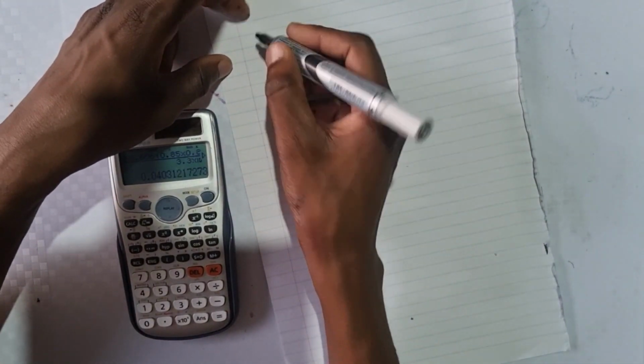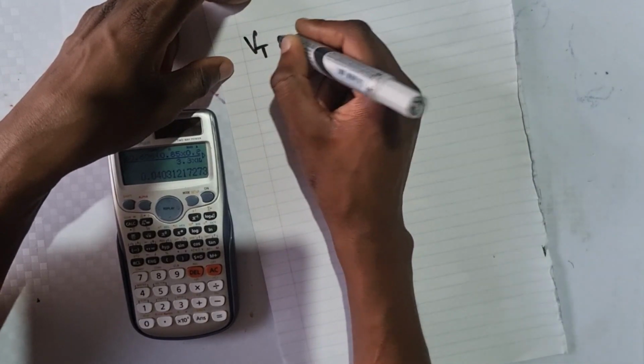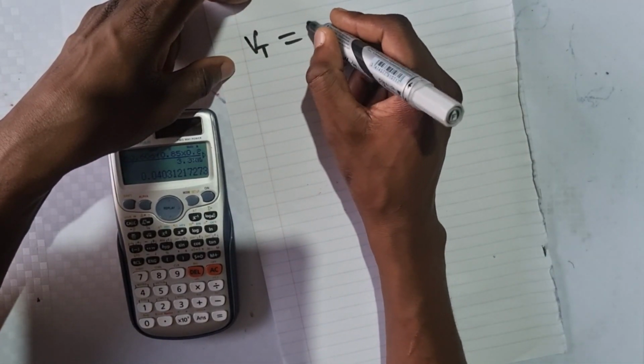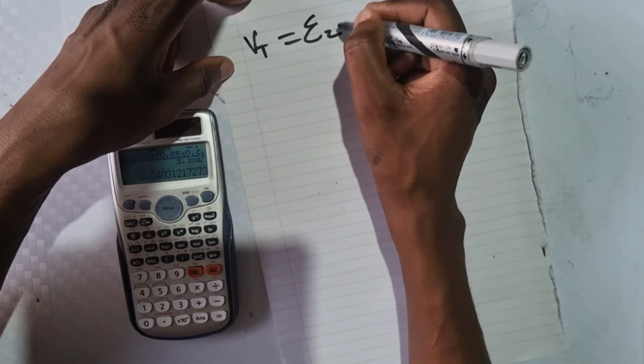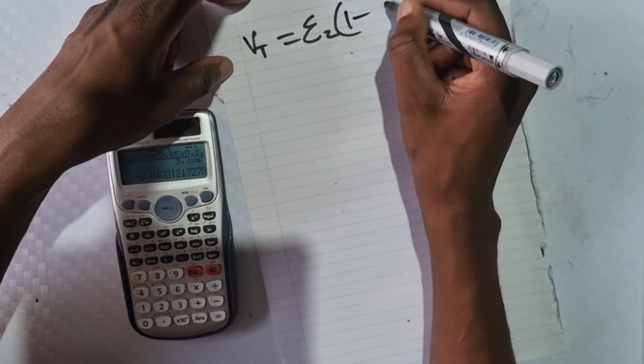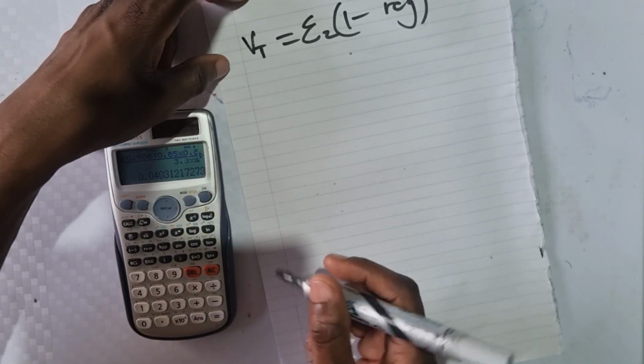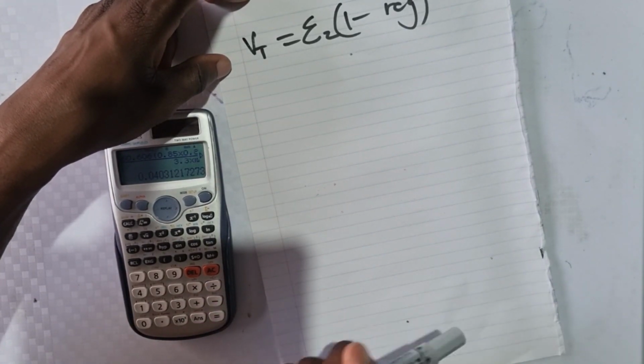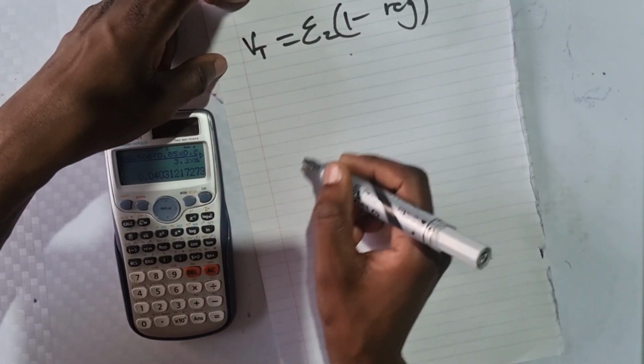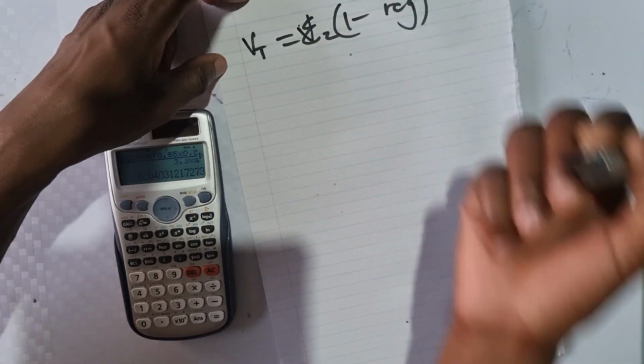Okay, and now to calculate the terminal voltage VT, we said VT is going to be E2 times 1 minus regulation. So remember, on that formula we are given V1, but we don't have E2 or V2.